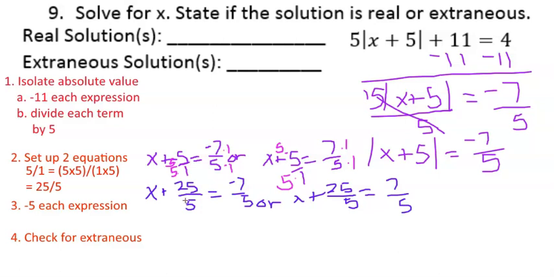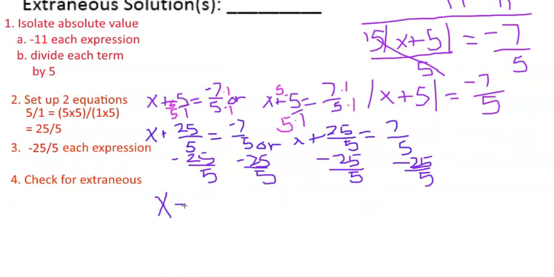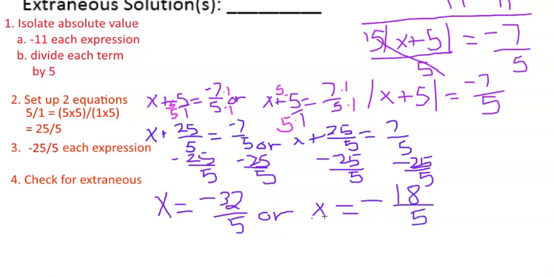Subtract the 25 over 5 from each expression. So we have x equals negative 32 over 5, or x equals negative 18 over 5.